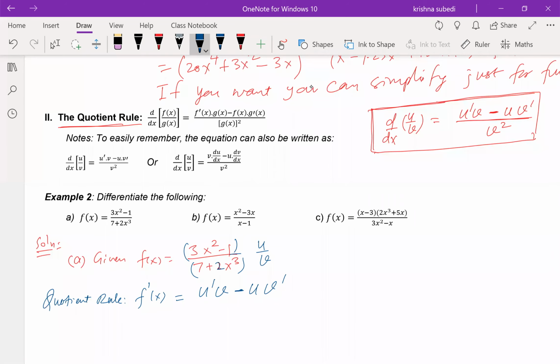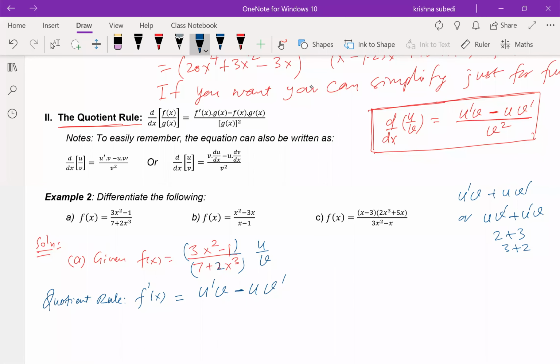But remember, you must find the derivative of the numerator first, okay? In the case of the product rule, you can switch: you can have u'v plus uv', or uv' plus u'v. It doesn't matter because of the plus sign. 2 plus 3 or 3 plus 2 is the same thing.